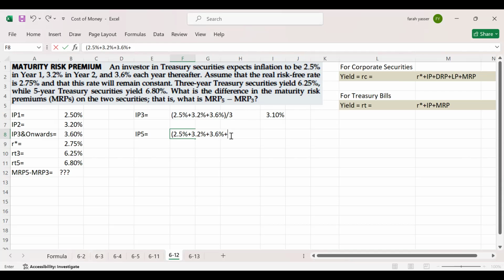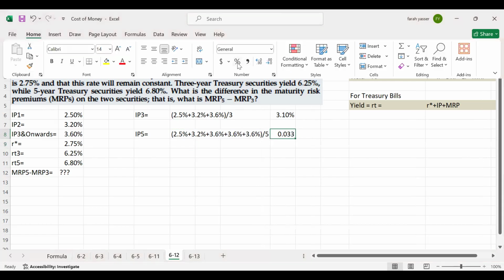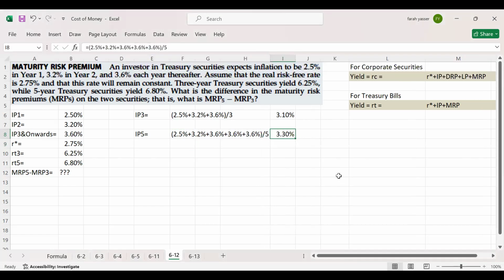So the fourth year it would be 3.6, and the fifth year it would be again 3.6. And we divide by 5 because we are taking 5 year average inflation. Converting this amount into percentage, we get 3.3%. So average inflation for 5 years is 3.3%.